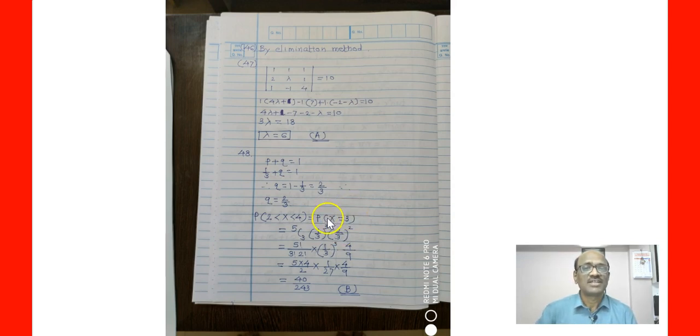It means that the number is x equal to 3, that is nCr, p raised to r, q raised to n minus r, and after the simple calculation you will get 40 upon 243, and hence option B is the correct one.